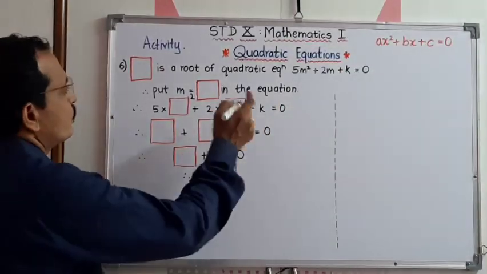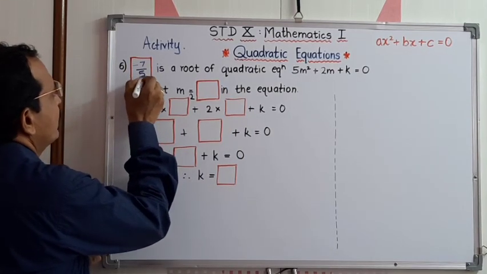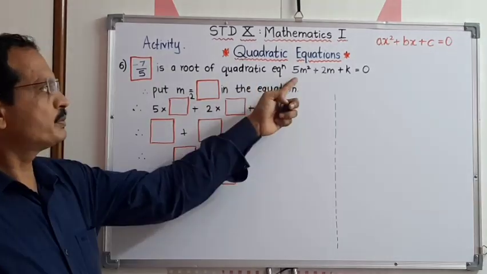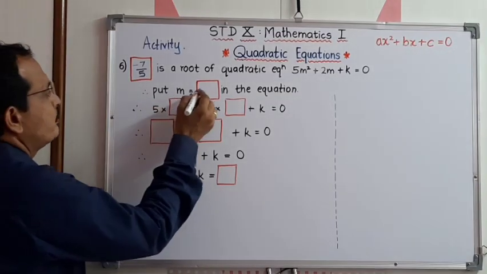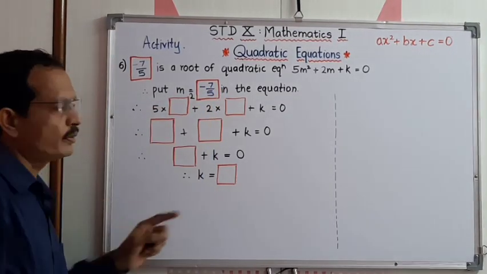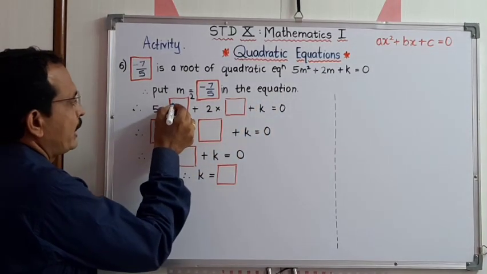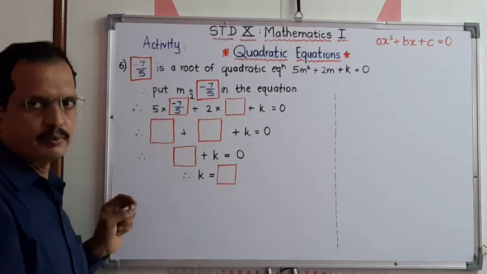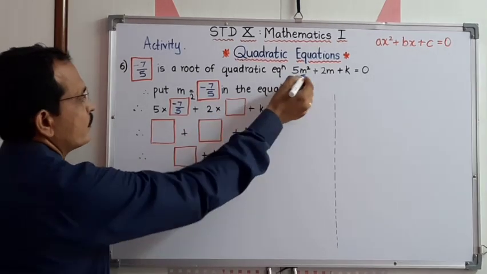See, first of all we have to write minus 7 upon 5 is the root of quadratic equation 5m square plus 2m plus k equal to 0. Therefore put m is equal to minus 7 upon 5 in the equation. Therefore 5 into (minus 7 upon 5) bracket square plus 2 into, what is the value of m?